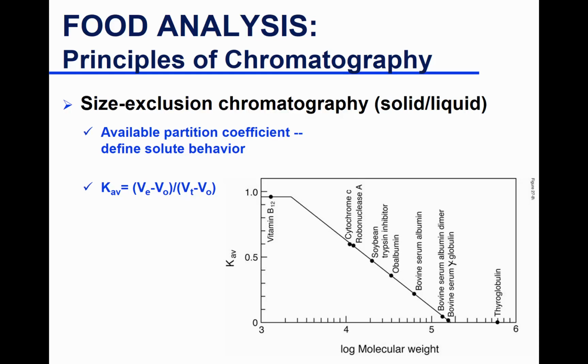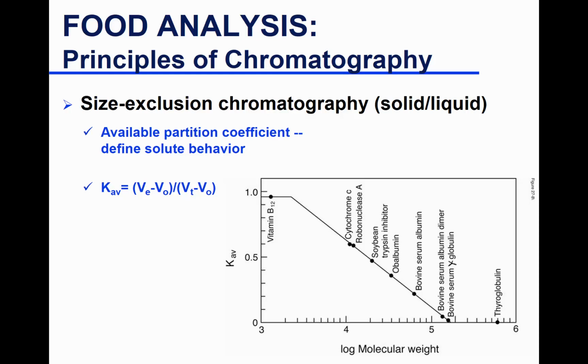So KAV is the ratio of your elution volume of that particular compound that you want to determine the size of, minus the void volume, over the total volume minus the void volume.